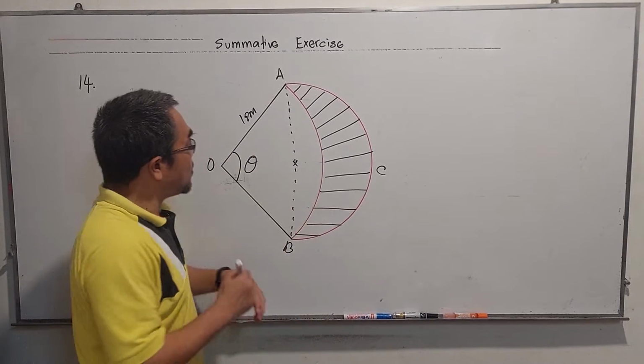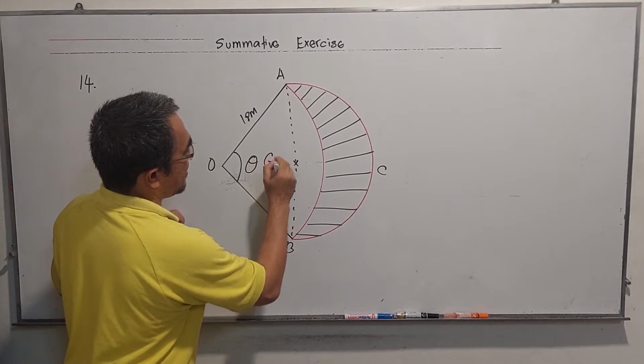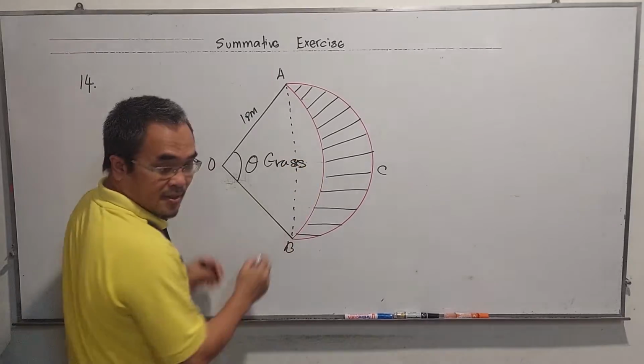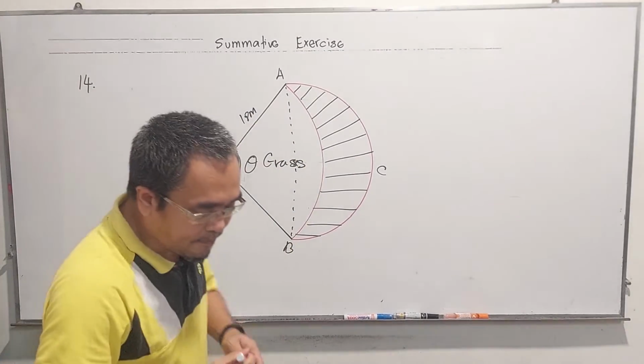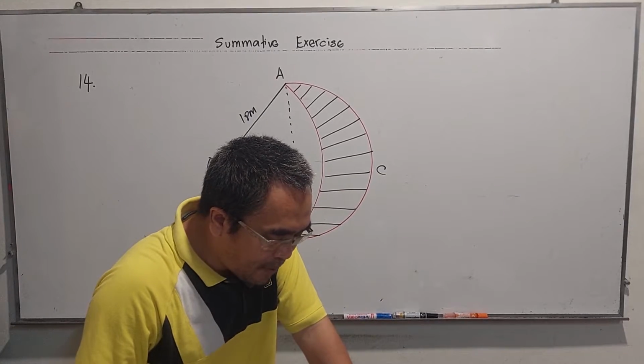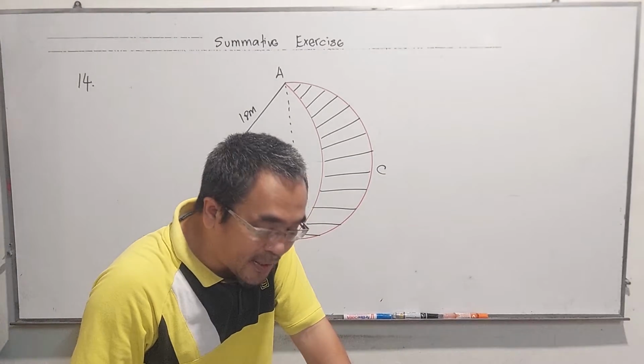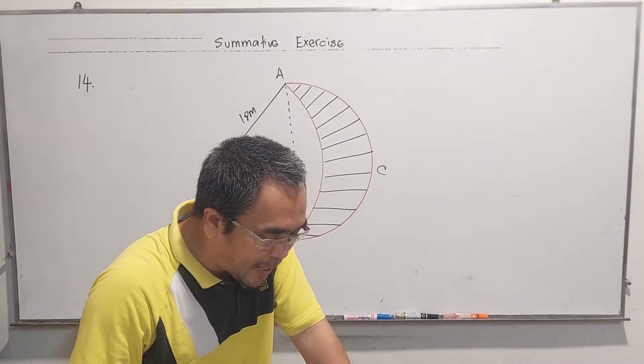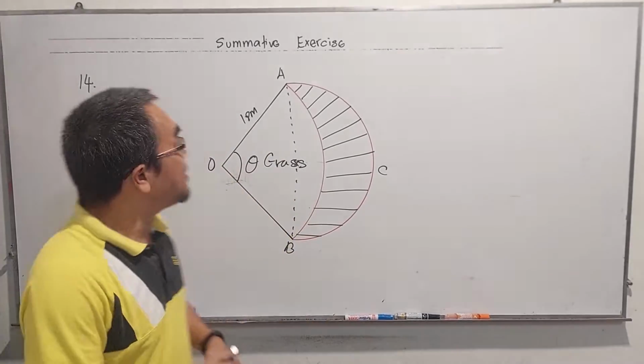So this is a grassy area, the unshaded region. Given that the area covered by grass is 243 meters square, calculate A, the value of theta in radian.